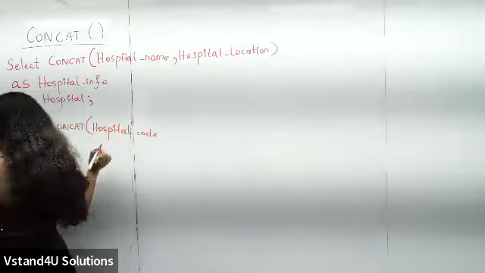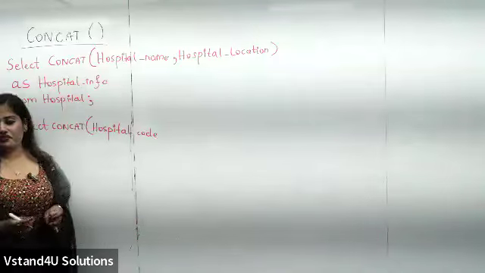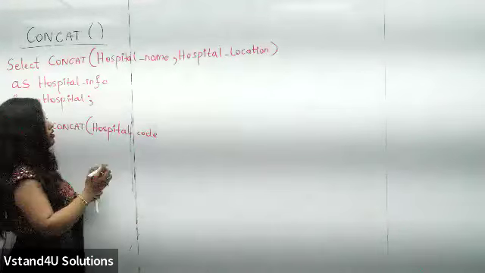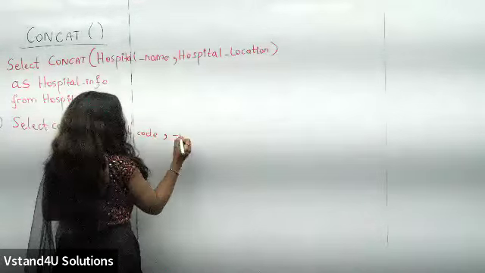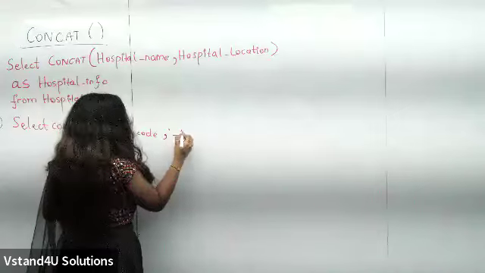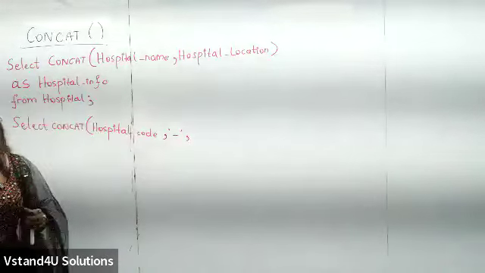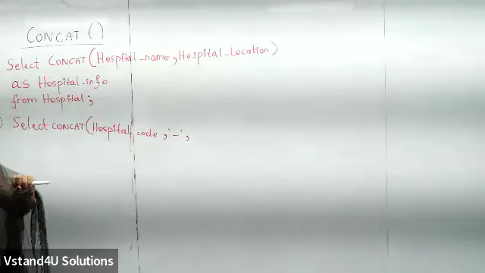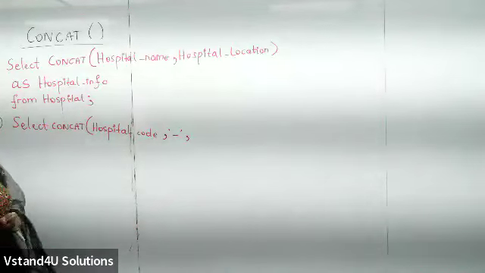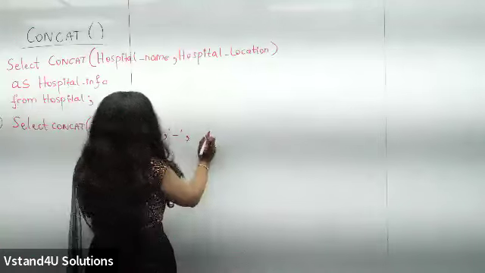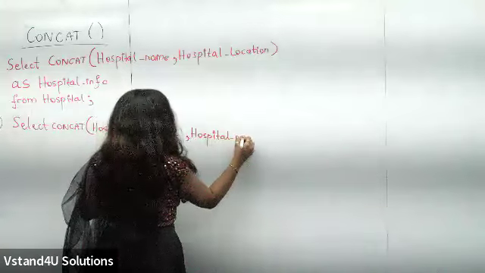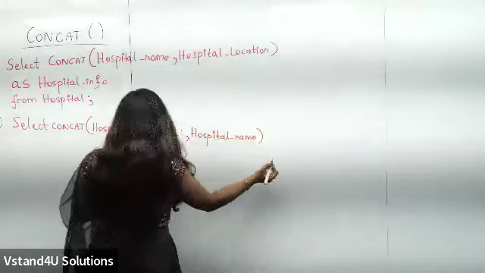Hospital code. Now they are saying you have to separate it with a hyphen. Then how will you write the code now? Comma. Just hyphen, or do I have to put it inside single quotes? Single quotes. Why inside single quotes? It is a character. Any character or a string, whichever you mention, you are supposed to put it inside single quotes. What is the next column? Hospital name. That's all.